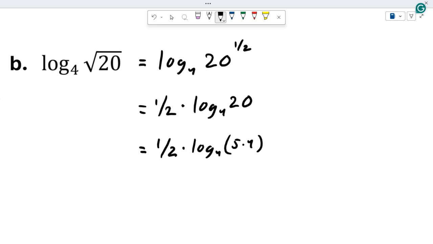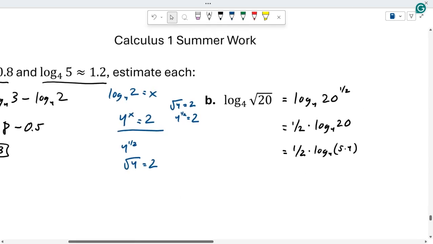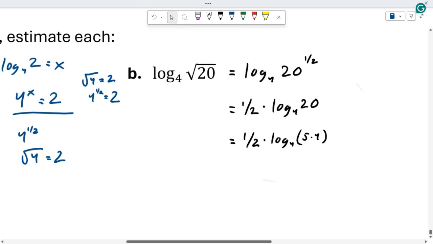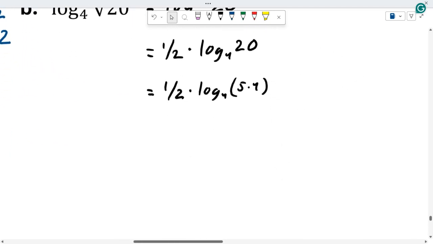But if we write our 20 as 5 times 4, notice that we know something about log of 5 base 4, so that's good. And then we're going to have log of 4 base 4, which we'll talk about in just a second. So we've got 1/2. Now, notice that the 1/2 is being multiplied to the entire logarithm, right?